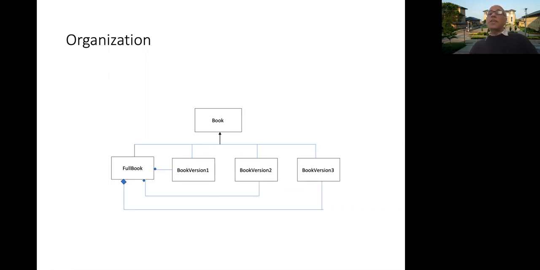There is a design pattern called proxy, which means standing in for something that is actual. So these are all proxies. Book version 1, book version 2, book version 3, they are all proxies. And they are protection proxies. They are there to protect the actual book. Instead of going through such an elaborate mechanism, we will use a different approach when it comes to the implementation of the library.